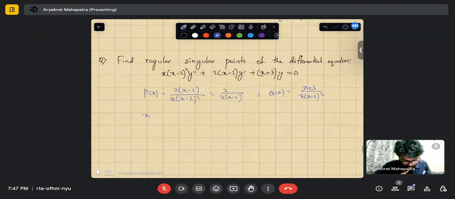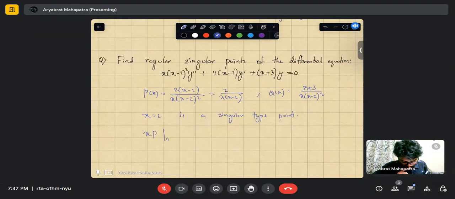So x equals 2 is a singular type point. What type it is, you have to further verify from xp.